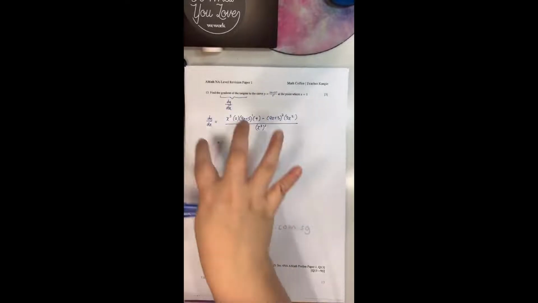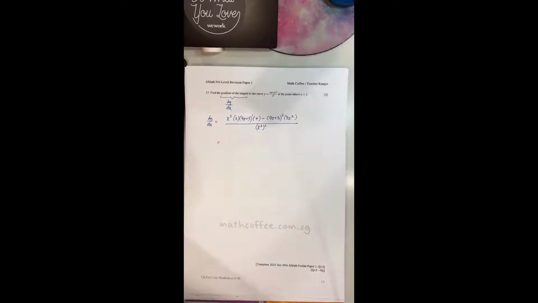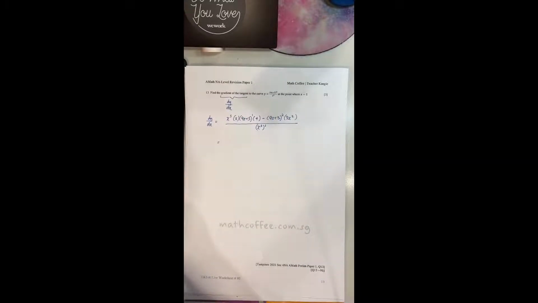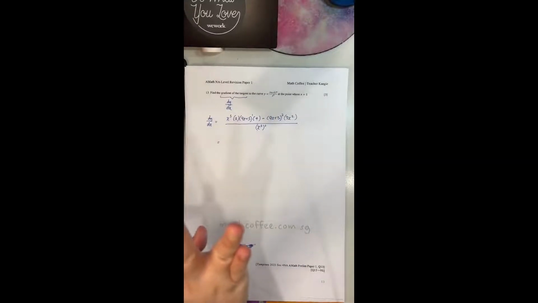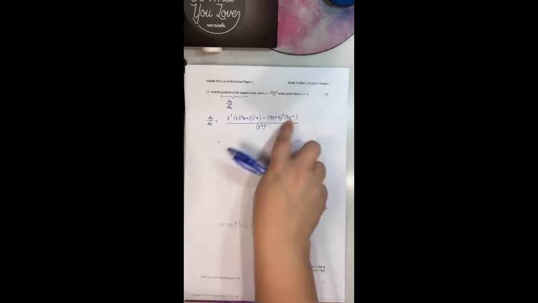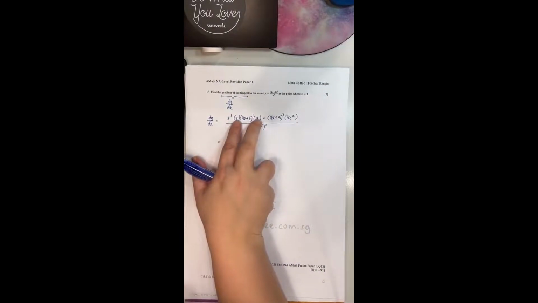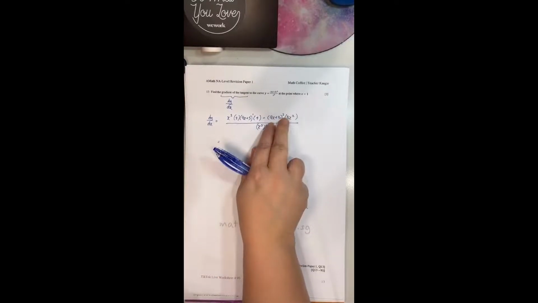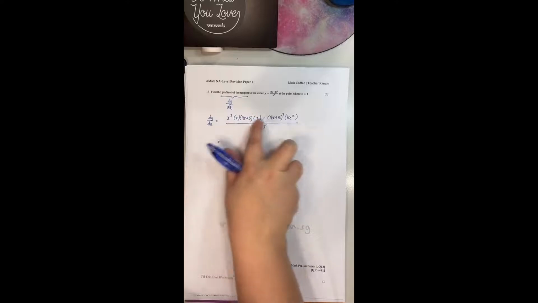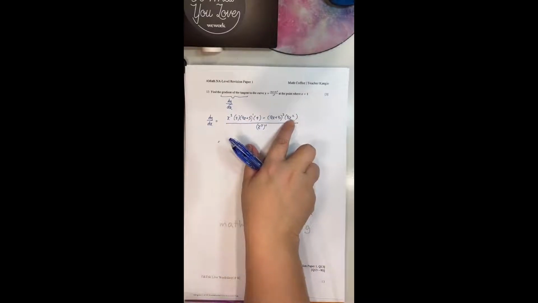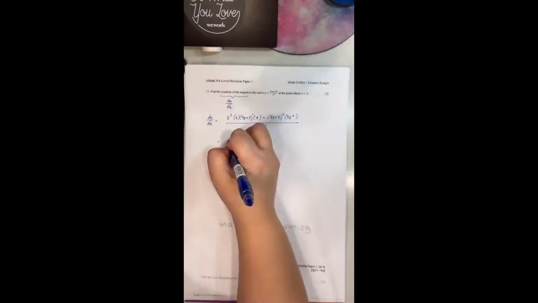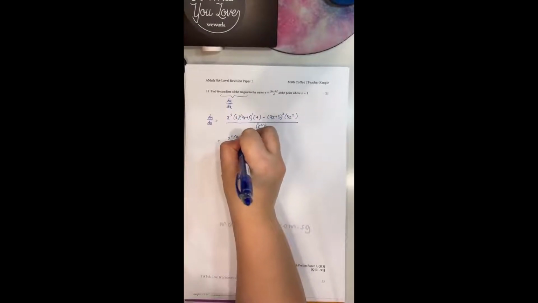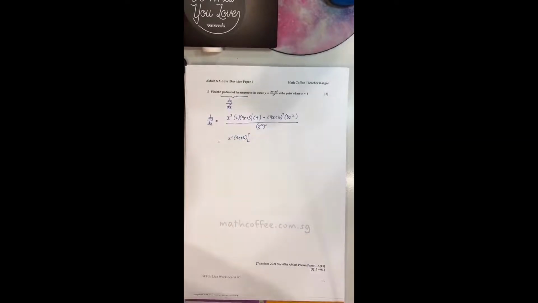Look at the numerator. This is exactly like how I did my product rule just now. We need to simplify the numerator by factorizing out the common factor. In terms of numbers, I have 8x cubed with this bracket, and over here I have 3x squared with this bracket to the power of 2. So I actually have a common factor of x squared, so I'm going to take out the common factor x squared as well as 4x plus 3. Put a very big square bracket.